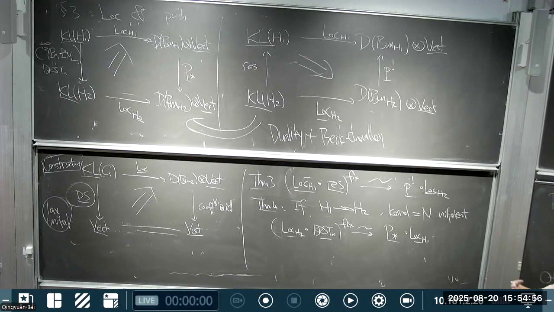And if you really do it carefully, you will realize the dual functor is given by that. So if you want, you can rewrite everything in terms of ind-coherent sheaves on some stacks. And this restriction is given by pullback. This dual functor is given by direct image.